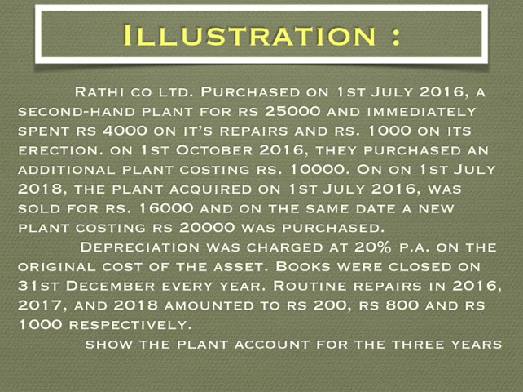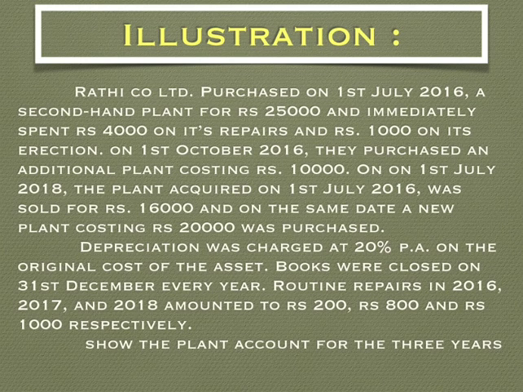And on it, they have immediately spent rupees 4,000 for repairs and 1,000 for the erection. Now, this amount of repairs is treated as installation charges. Though it is termed as repairs, we have purchased second-hand machinery, and repairs on this machinery before using it in our business organization are treated as a cost of our plant.